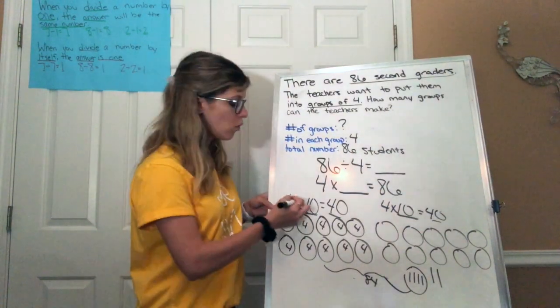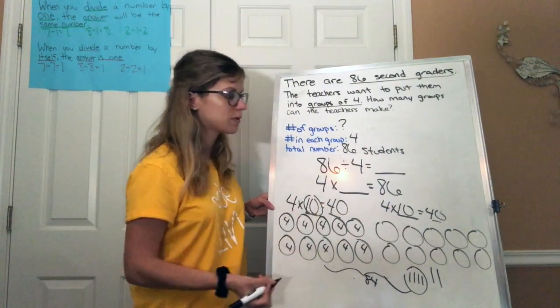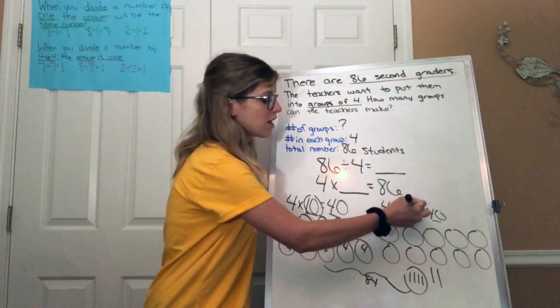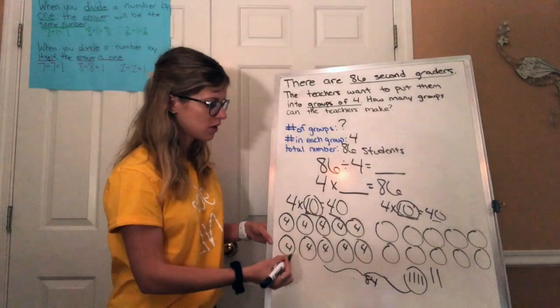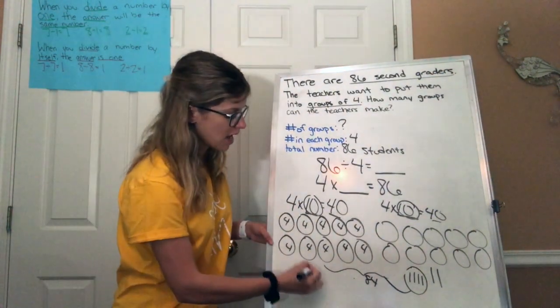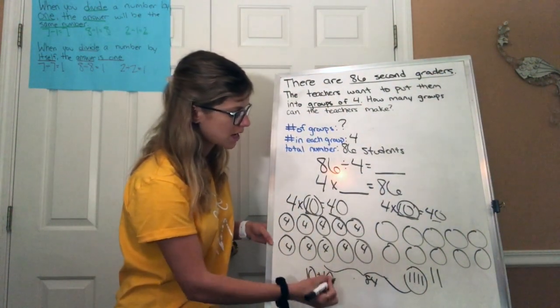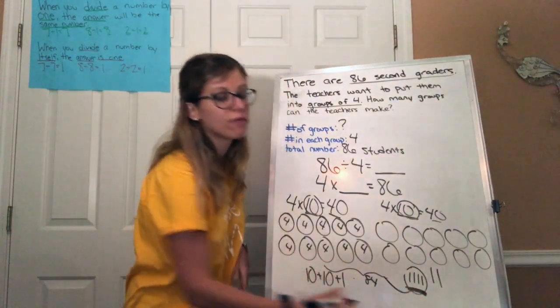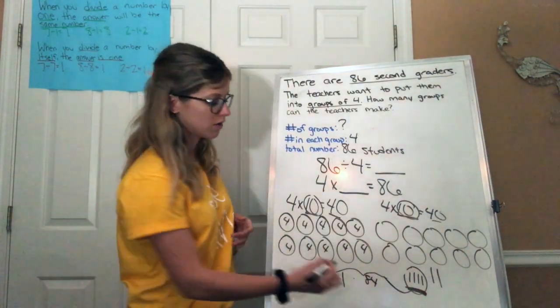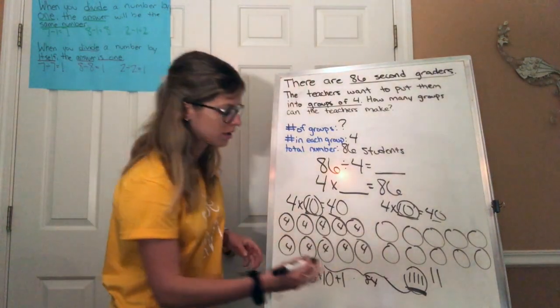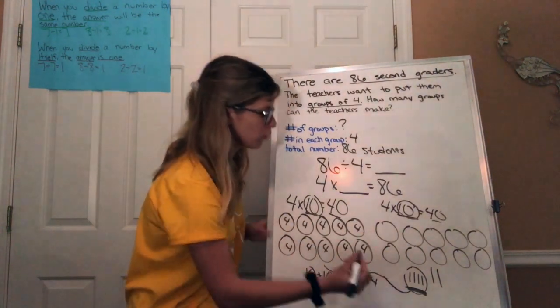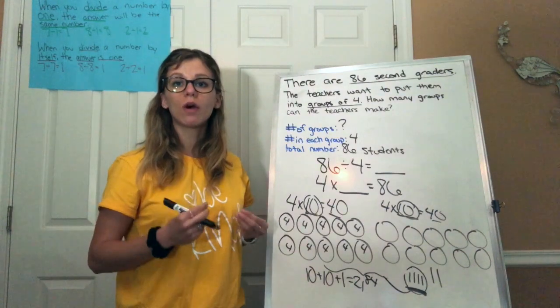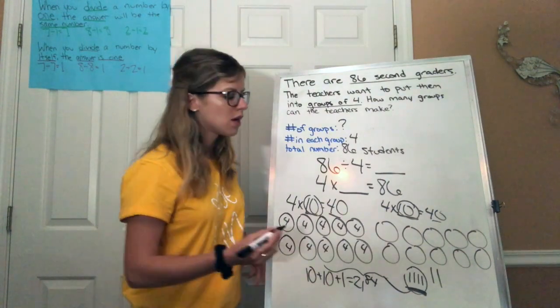So I did 4 times 10 groups, and then I did 4 times 10 groups. So I did 10 groups plus 10 groups plus 1 group that I have down here with the 4 to get from 80 to 84. So I have 21 groups. So I have 21 full groups.